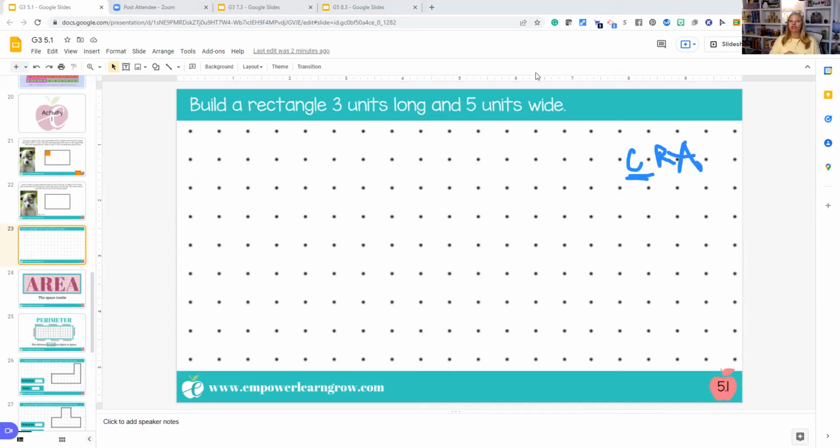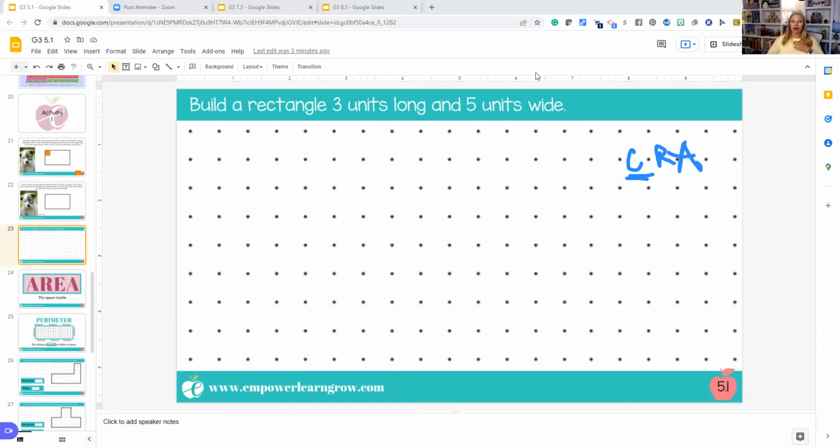So if you look closely at the standard, it says that students in 3rd grade are just learning conceptually what it means to find area, and then they will make the connection to multiplication and division. But their standard is not the formula. That's not their standard. 4th grade, your standard is generalized to a formula.